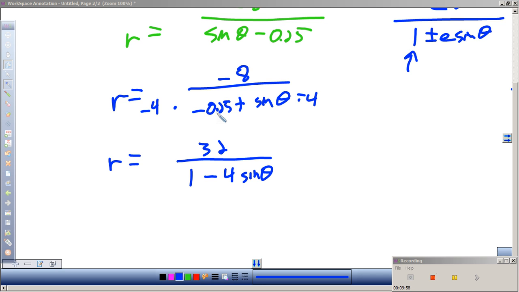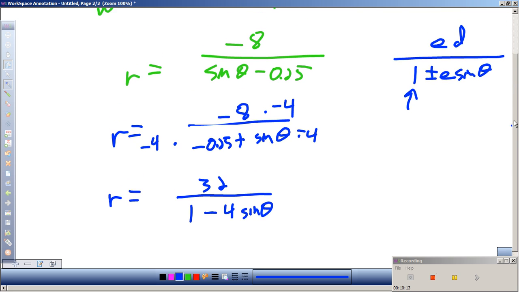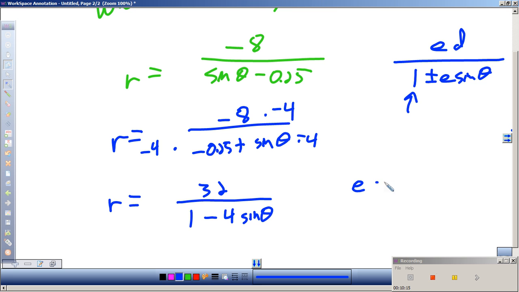So what do we multiply negative 0.25 by to get 1? Negative 4. So we multiply all the parts by negative 4. So it's a hyperbola. What is e? 4. What is d going to be? 8. So d equals 8.